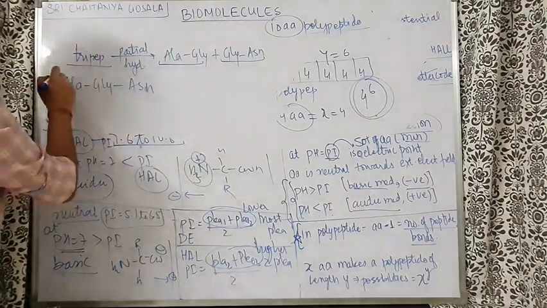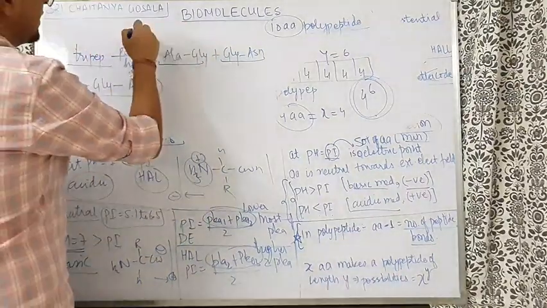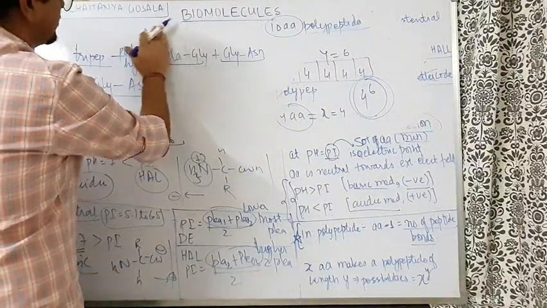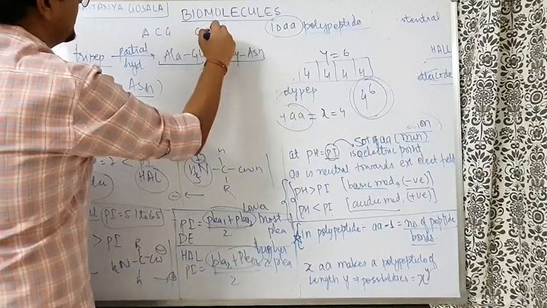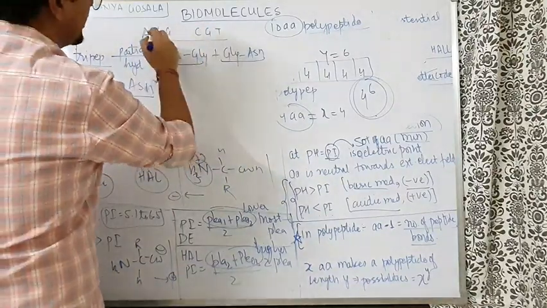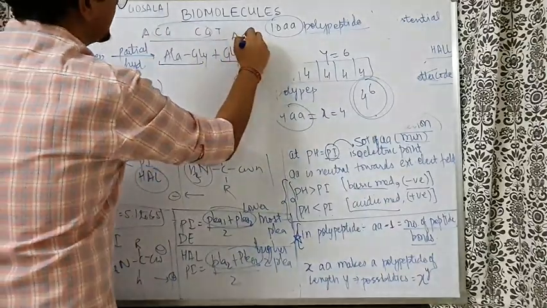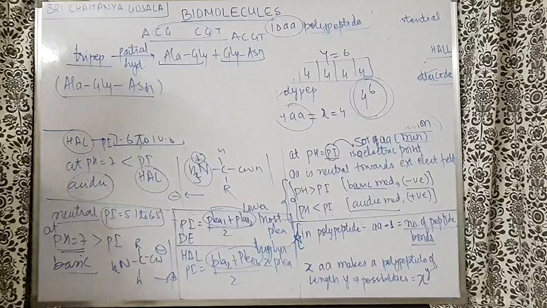So combining them together, this is the tripeptide you get. Similarly, if I give you a combination A, C, G, and another combination C, G, T, what will the whole chain be? Simple, combining the common part, A, C, G, T. That is the total polypeptide chain we can get.